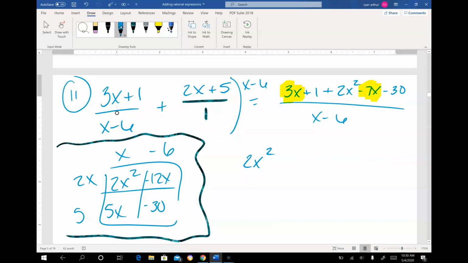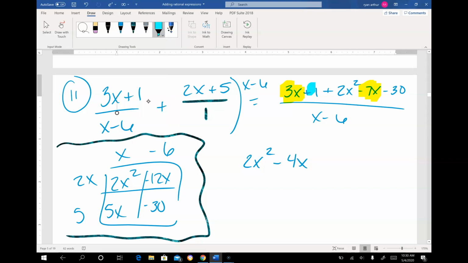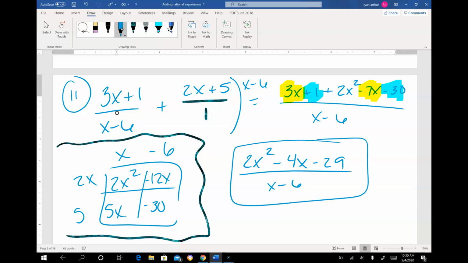So that's going to be minus 4x. I'm struggling, guys. I need my classroom back. And then the constants have something in common. It's a 1 and a negative 30. And that's going to be a negative 29. Well, 29 is prime, right? So, yeah, 29 is prime, so I can't factor that. So that is your answer.